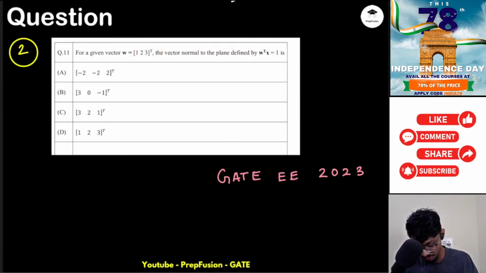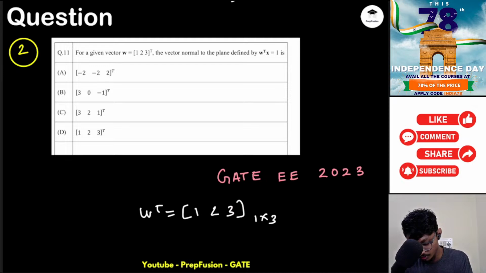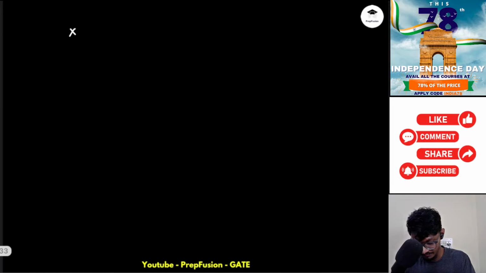So w transpose is simply 1 2 3. And what is the order? Order is 1 cross 3. So x has to be what order for these two to finally give a result of only a single element? x has to be of order 3 cross 1, right? So it has to be a column vector. So x can be defined as x y z in 3-dimensional space.